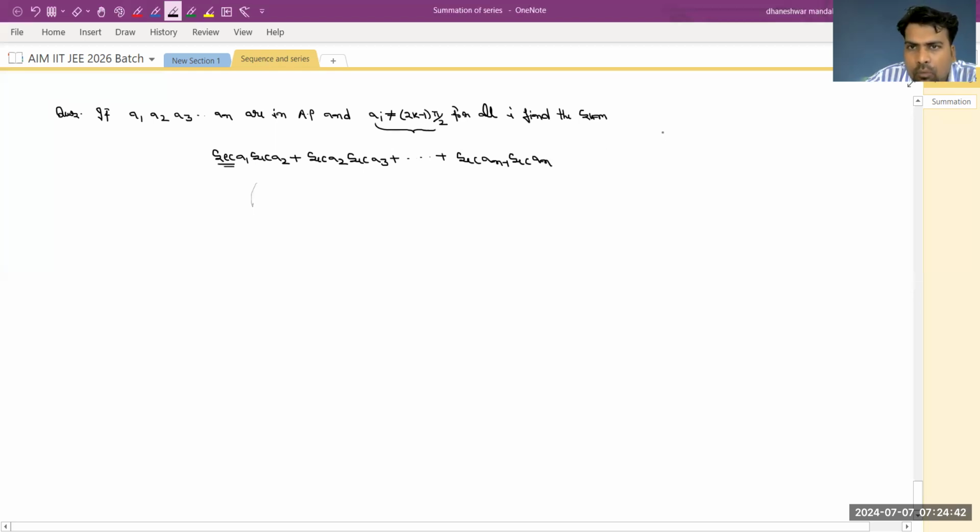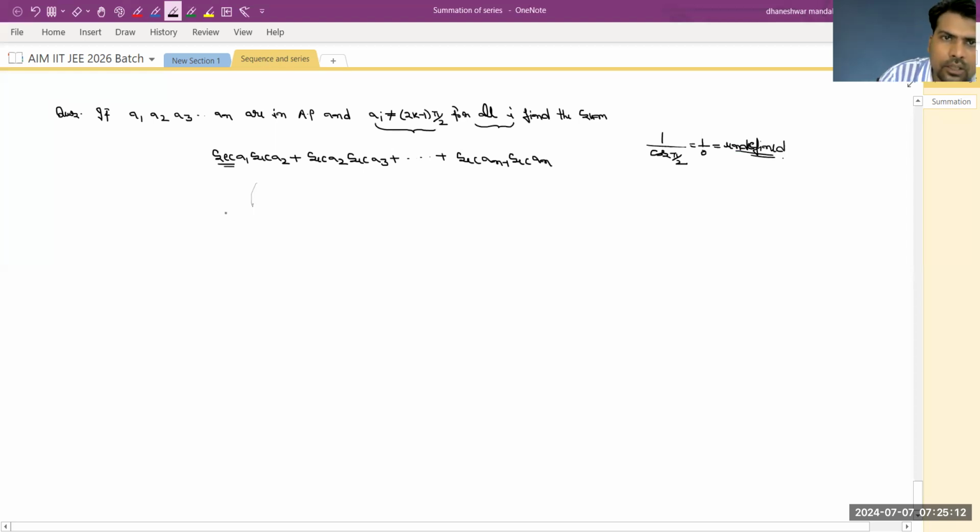It means 1 by cos of pi by 2 has 0 in the denominator, so this term will be undefined. To avoid making this term undefined, I take A of I not equal to (2k minus 1) pi by 2 for all I. Okay, is this clear?